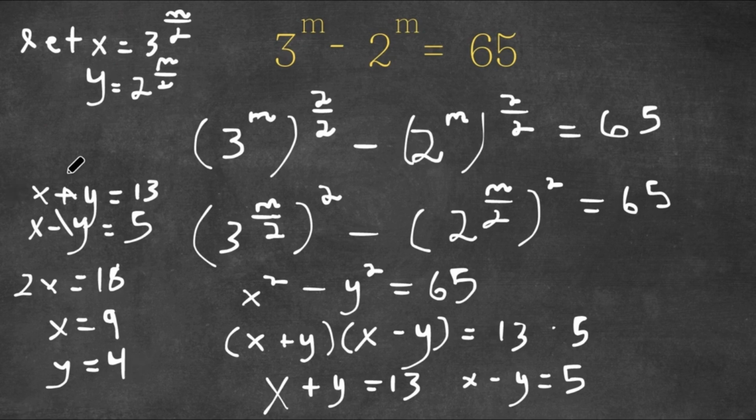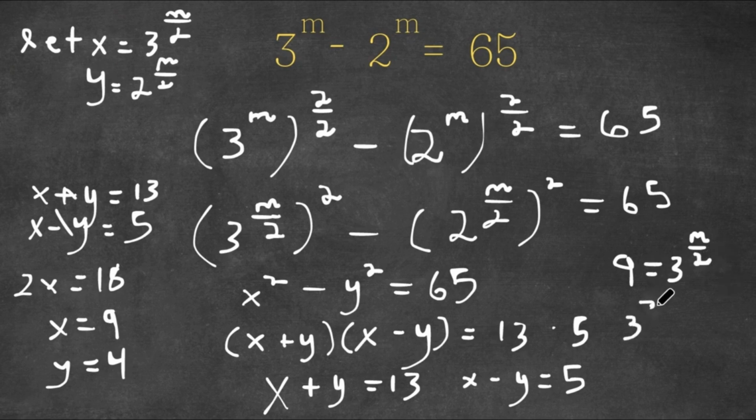So now let's plug in x in here. So now I have 9 is equal to 3 to the power of m over 2. And 9 is the same thing as 3 squared.